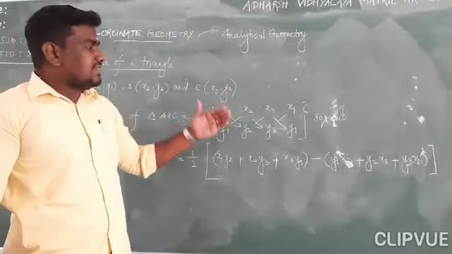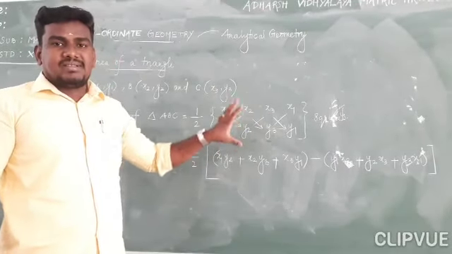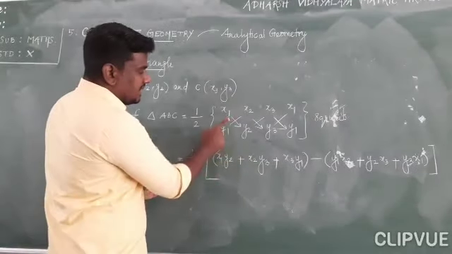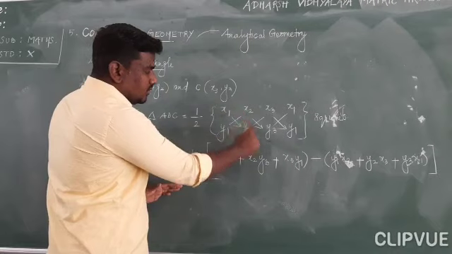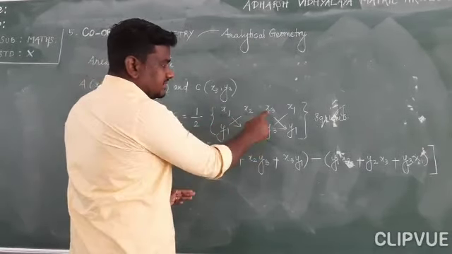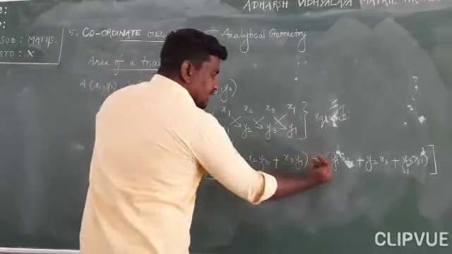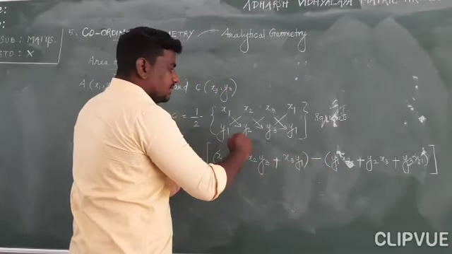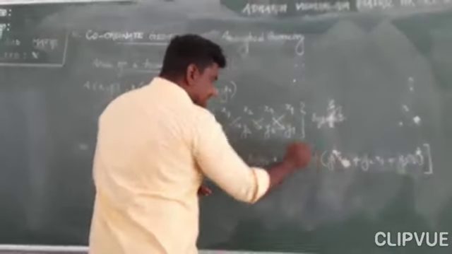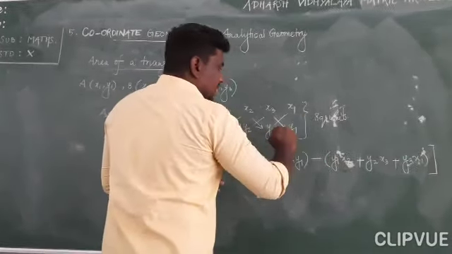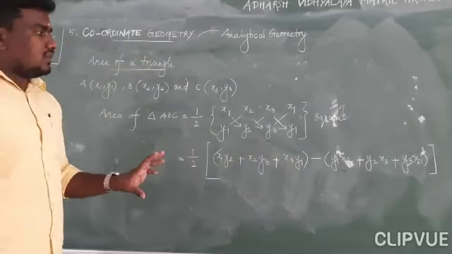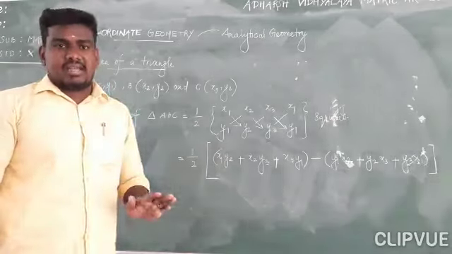This is a simple method, that's why we have applied it here. Next, this multiplication: first towards down, x1y2 plus x2y3 plus x3y1. Then put a minus sign. Then multiply towards up: y1x2 plus y2x3 plus y3x1. Now we are going to solve the problem related to the area of the triangle.